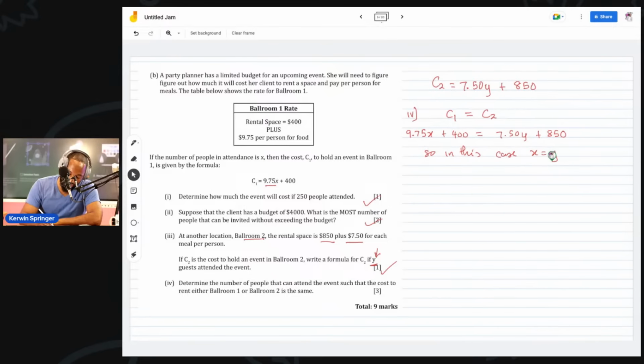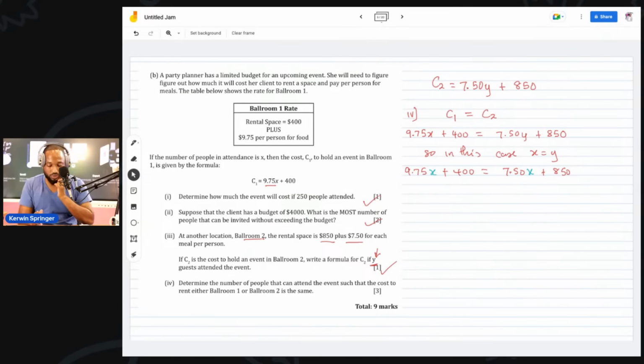So I can rewrite this equation as 9.75x plus 400 equals 7.50x plus 850.